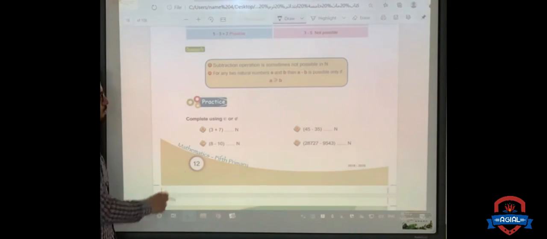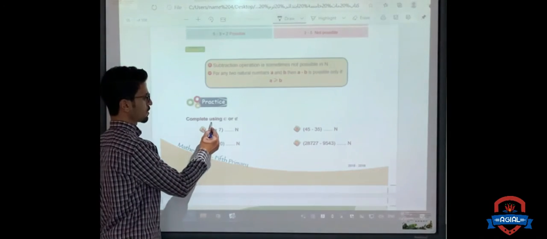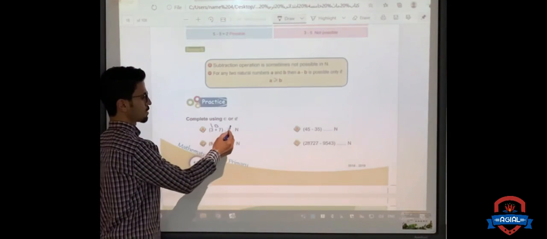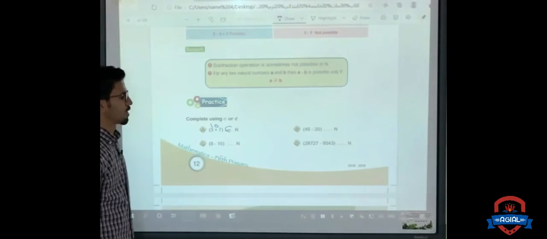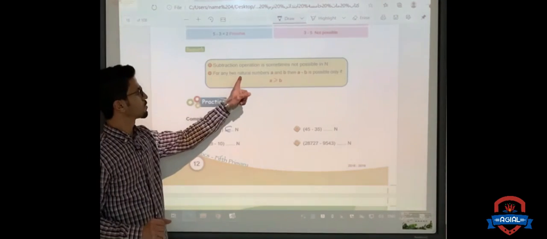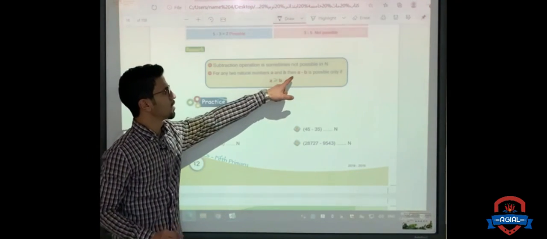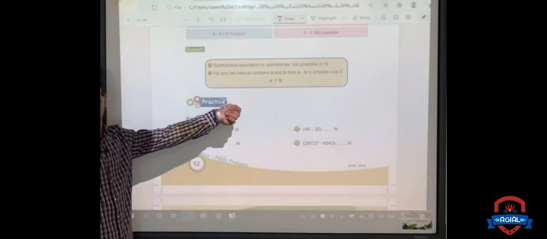Complete using belongs or doesn't belong. In letter A, 3 plus 7 equals 10, and 10 belongs to the natural numbers. And in letter B, we have 45 minus 35. For any two natural numbers a and b, the first term in subtraction should be more than or equal to the second term.